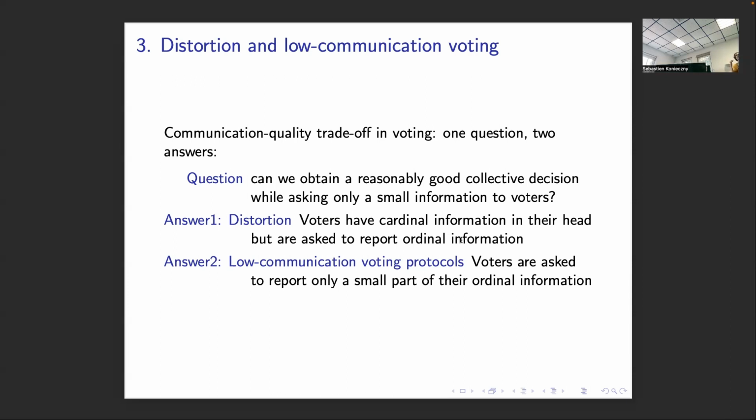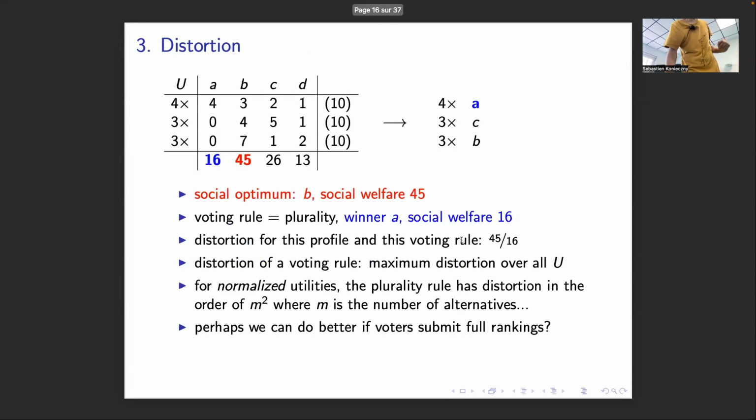Of course, there is a ranking compatible with these numerical values, but when we make a decision based on ordinal information, based on rankings, how suboptimal can we be compared to the decision that would have the highest total utility, the highest social welfare? This is exactly the question that distortion deals with.